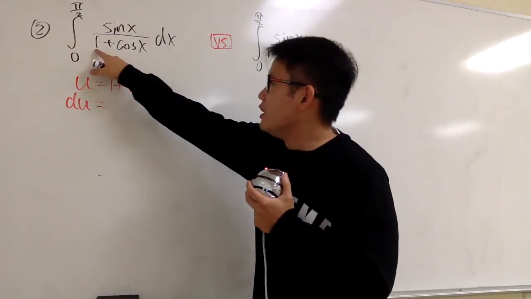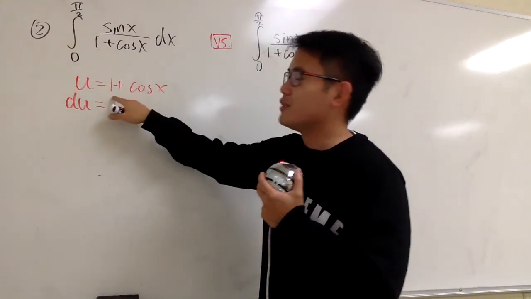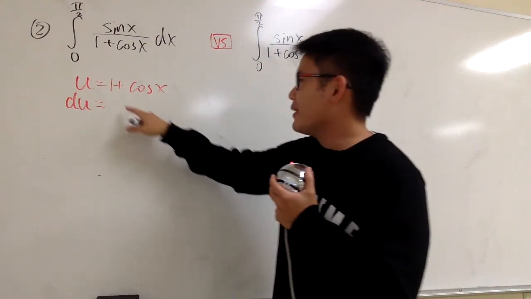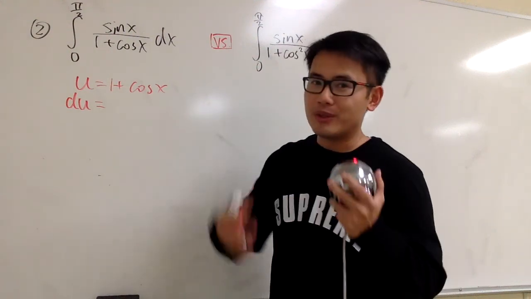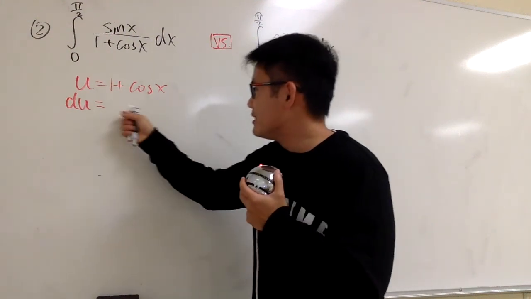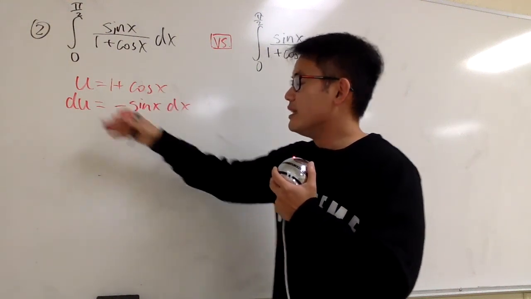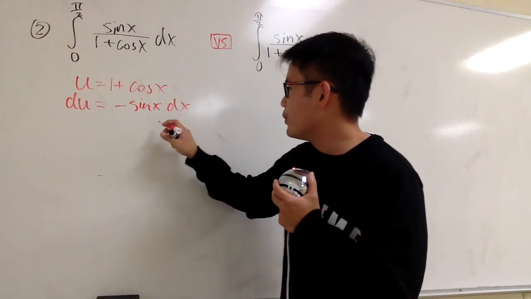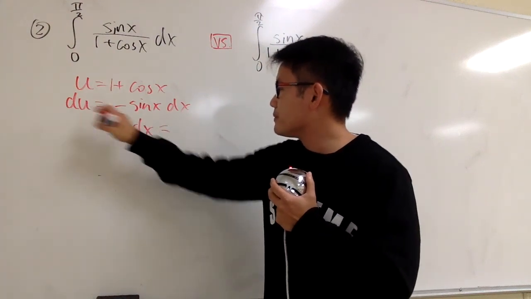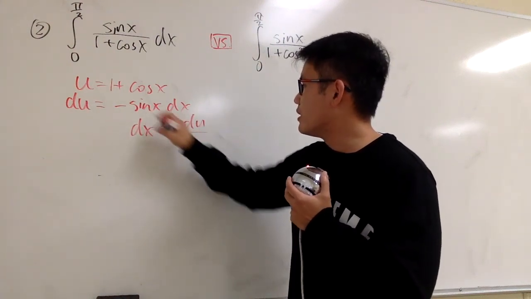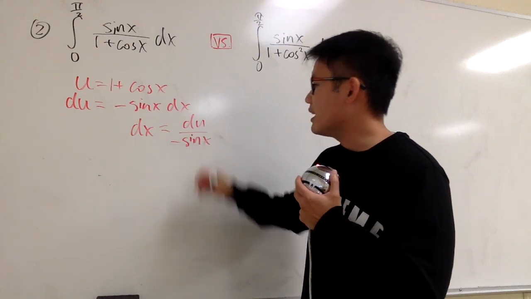So sometimes it may be helpful if you attach the 1 plus, just like how I'm doing right here. So it doesn't change the derivative that we talked about earlier. Du is still equal to negative sine x dx, and isolate the dx from here, we get dx is equal to du over negative sine x.